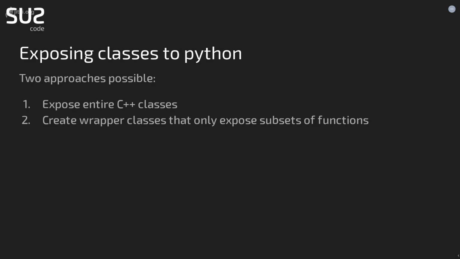We also have to talk at some point about how to expose the things. Like I've written here, you can expose all the classes that we already have, or you create special wrapper classes that only expose a subset of functions. That's also something we have to discuss, but we can do that at a later point when we have an idea of what we actually need.